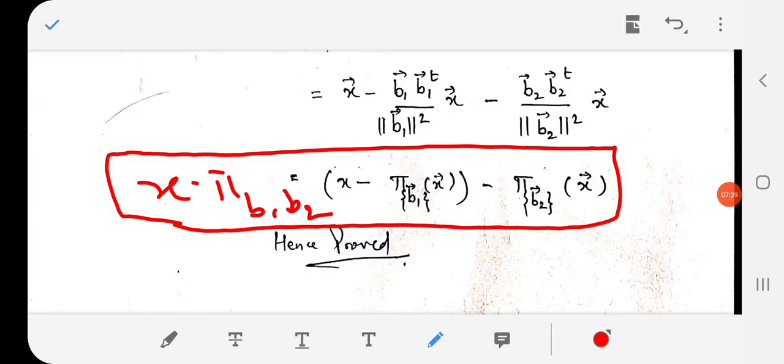So using this property, we can find the projection.